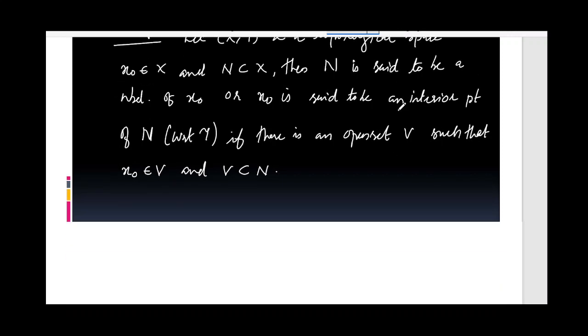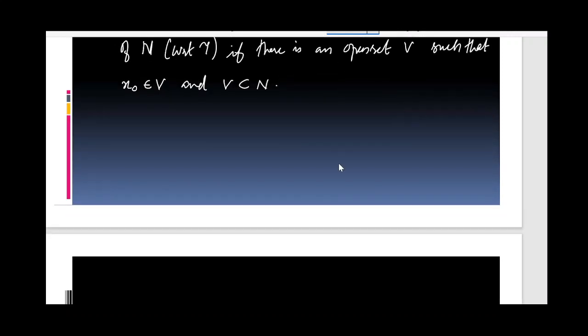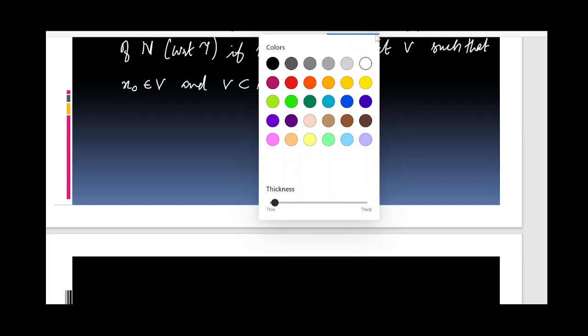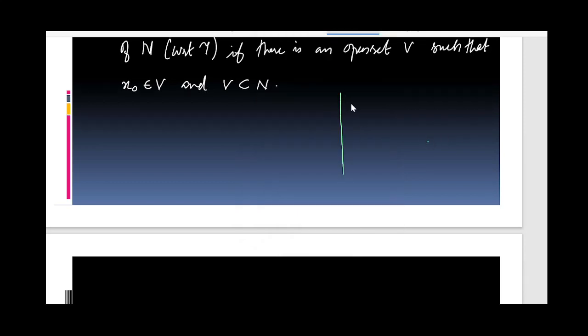That means, suppose we are having a topological space. This is our topological space, naming it as X. Now I want to have a neighborhood of a point x naught. So there is some point x naught here.